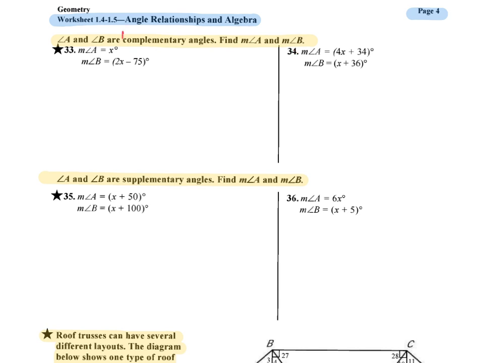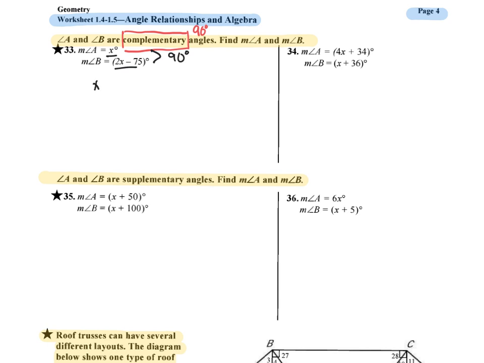So the first thing we think about is the word complementary, and the number that pops into our head is 90 degrees. So if I look here, I have 2 angles, angle A and angle B, and I know that when I put them together, it should equal 90 degrees.